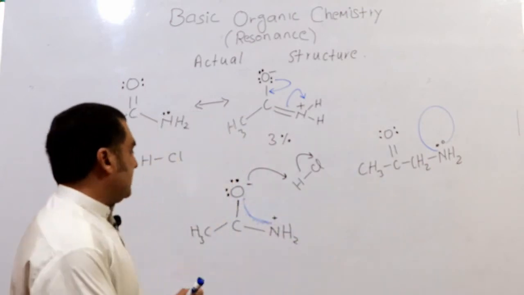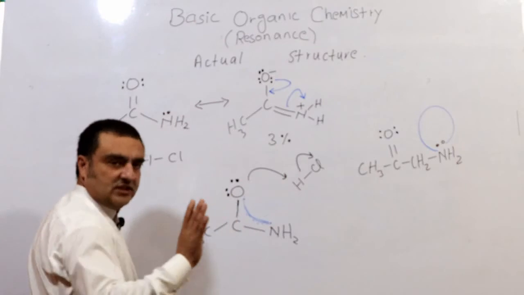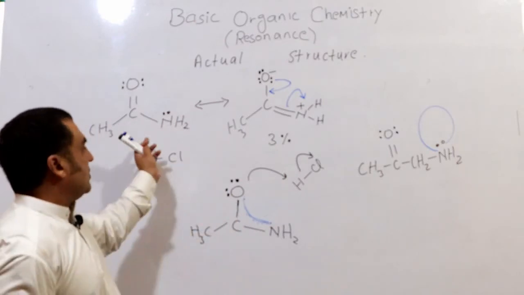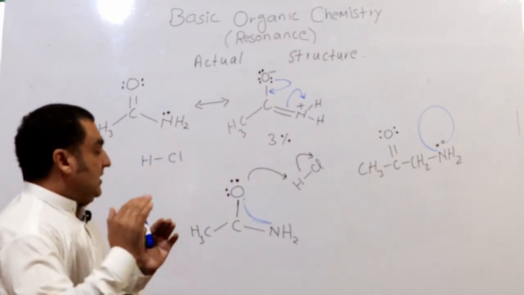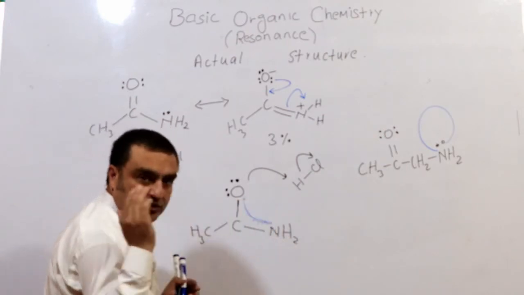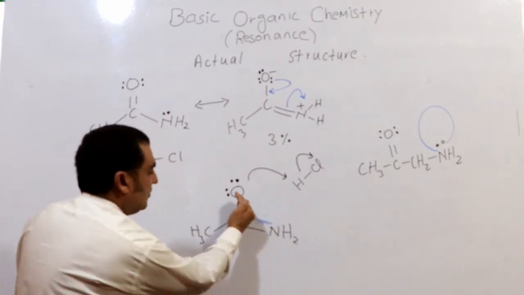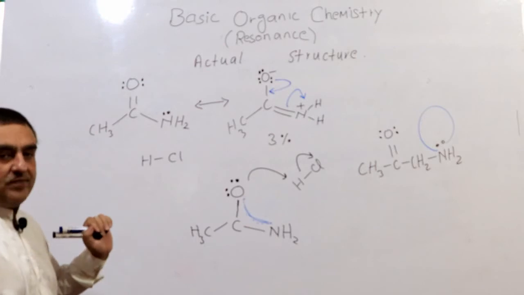So we should not write positive and negative on this. It doesn't have any positive or negative charge present on it, because these structures are not real. You can just say that some of the electron cloud of the nitrogen, which was already present on the nitrogen, is shifted to the oxygen just because of the resonance.